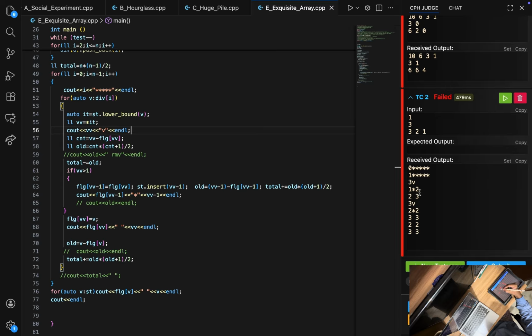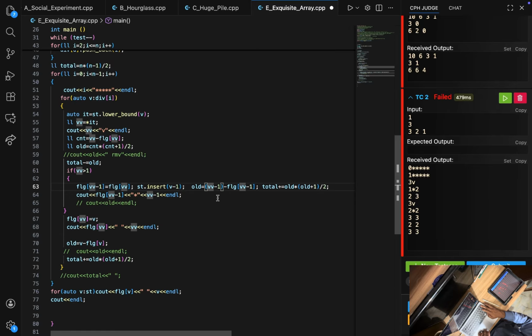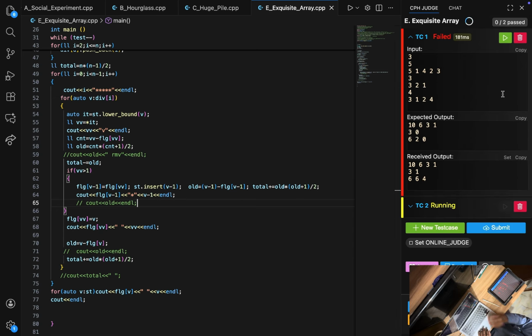I should be dividing something like v minus 1 to yeah, it should be something like v minus 1, v minus 1, v minus 1, so on, and it should also be v minus 1, v minus 1. Now it looks good.